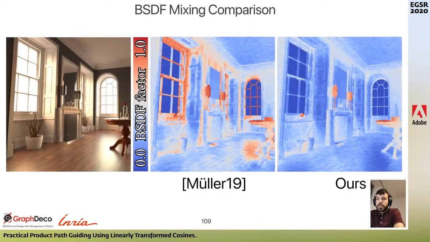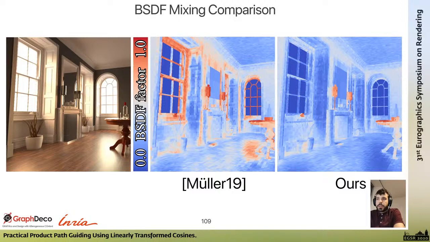We also mentioned that Muller and colleagues have an optimization to use the best strategy for each spatial subdivision between BSDF sampling and path guiding. Here you can see in red parts of the scene where BSDF sampling is used, and in blue parts of the scene where path guiding is used.